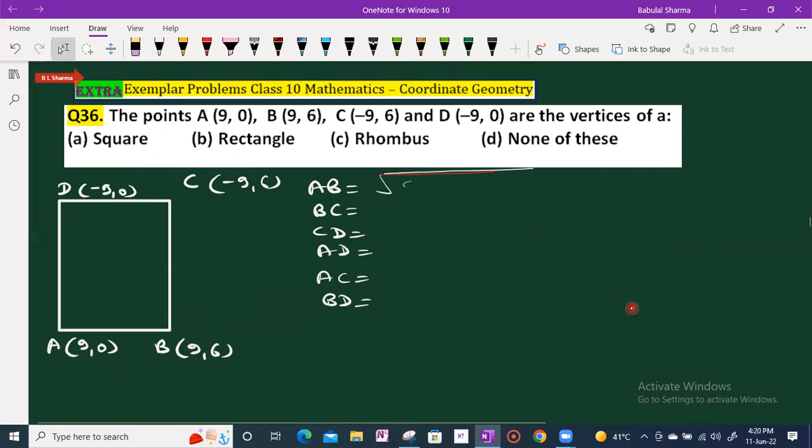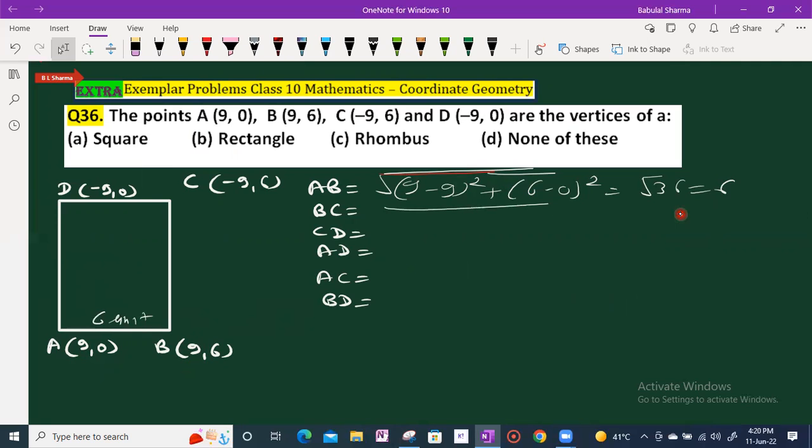So we can write 9 minus 9 whole square plus 6 minus 0 whole square. 9 minus 9 is 0. So 6 whole square, the square root of 36, that is 6. So AB is 6 units.